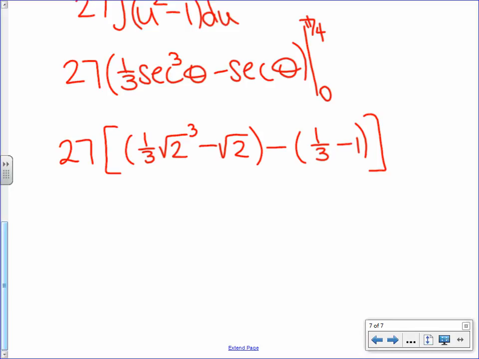So this becomes 27 times, radical 2 cubed is 2 square root 2.